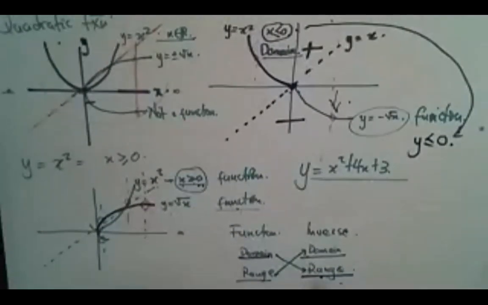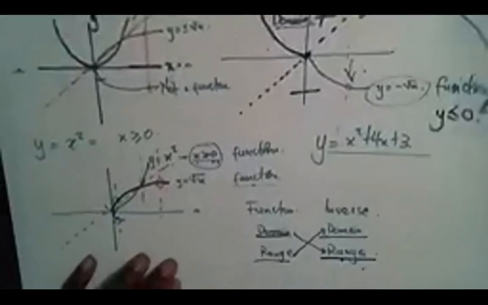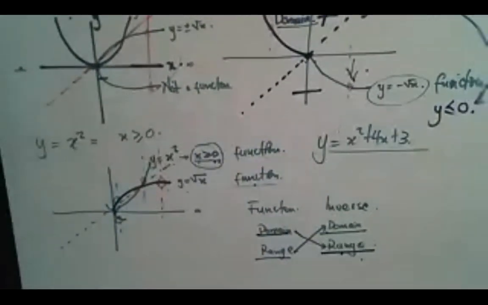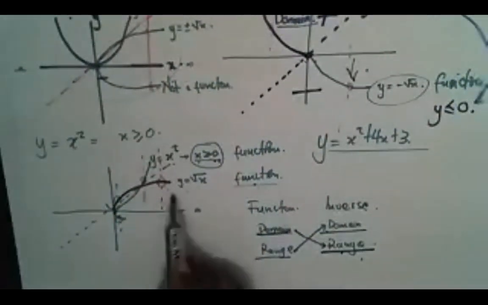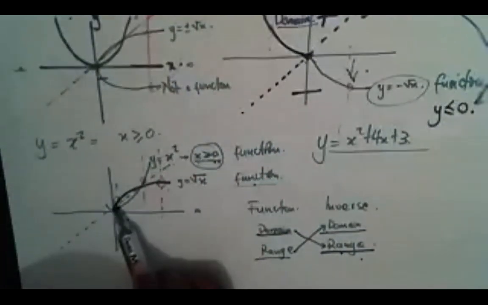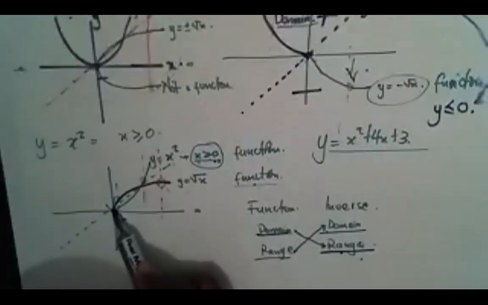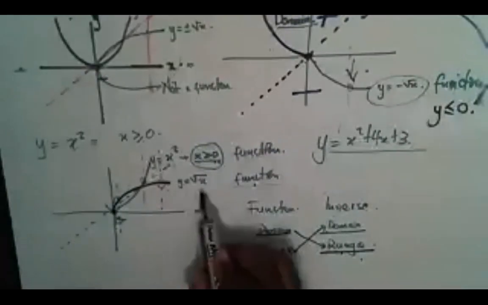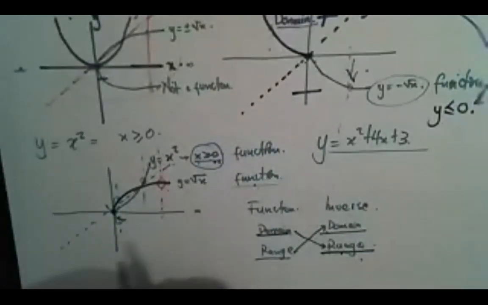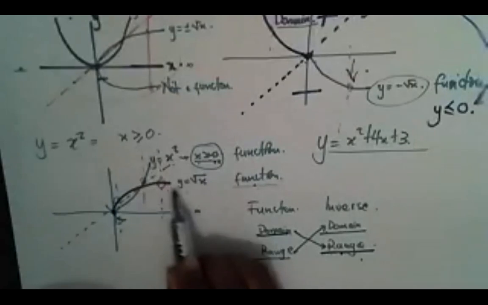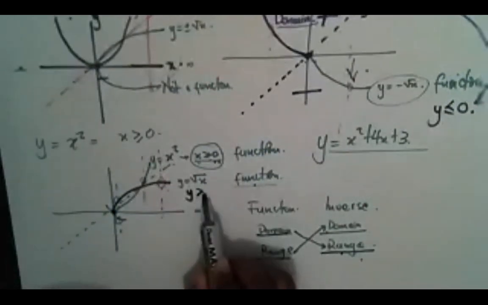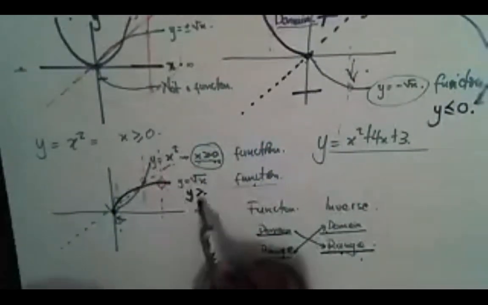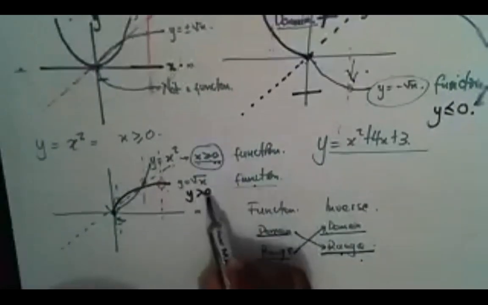I can explain it using this part. Look at this curve, the minimum point it can get is 0. Everything else is above. So what is our range? It's y is greater than or equal to 0, which is our domain on this side.